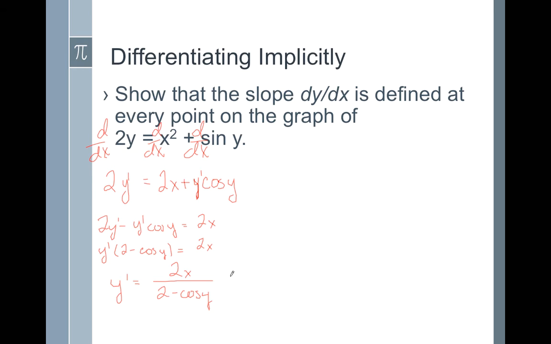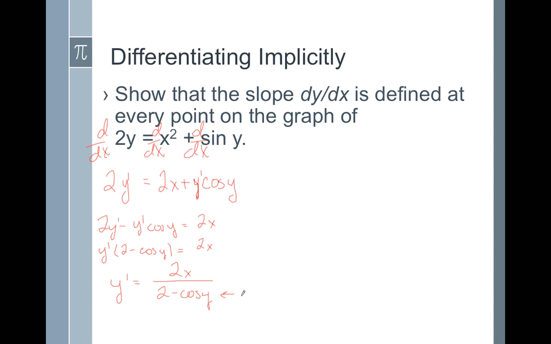y. Now, you might be asking yourself, well, how do I prove that this has a defined slope at every single point? Well, basically, the numerator doesn't make a big difference. It all comes down to the denominator. Does this ever equal 0?